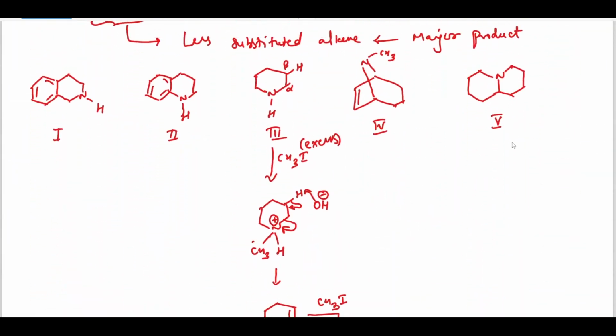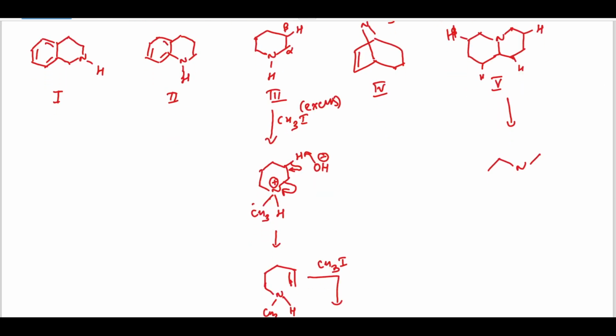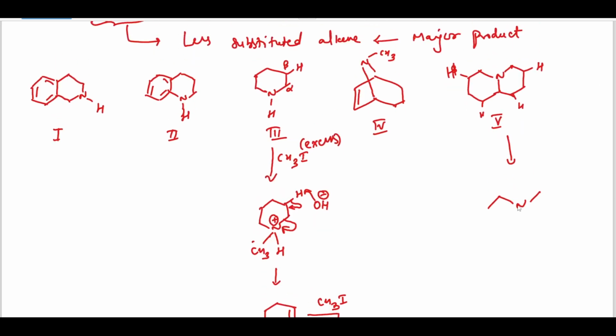Similarly, if we consider this substrate, you know that there is also corresponding to this nitrogen atom, here this is beta hydrogen. This is alpha and there is also beta hydrogen. In this side there is also beta hydrogen. So ultimately in this side there will be also trimethylamine as one of the product. So you can try it like this.